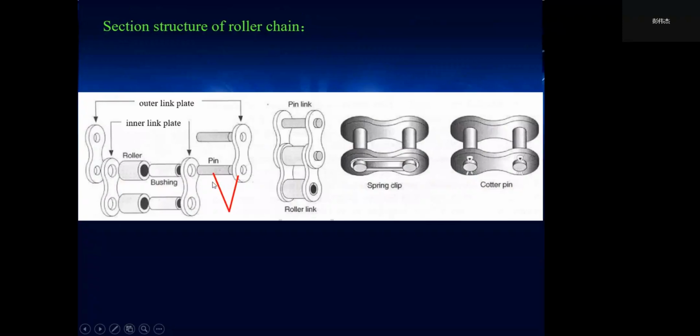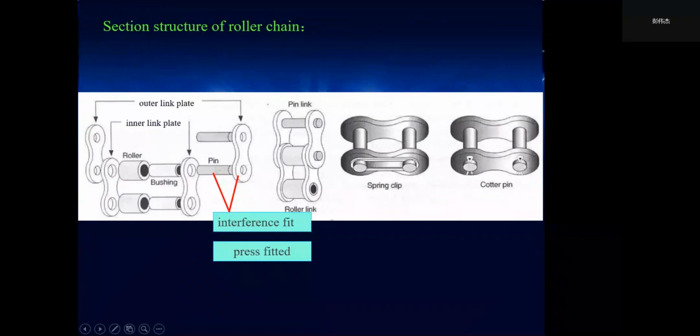There is interference fit between pin and outer link plate. They are press-fitted, and there is interference fit between bushing and the inner link plate. So they are press-fitted too.